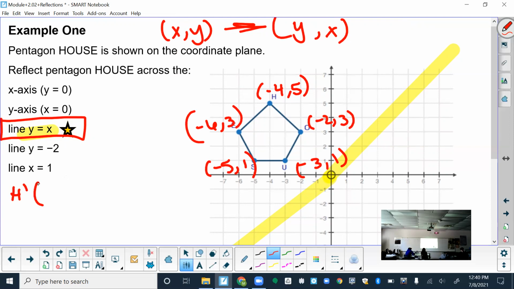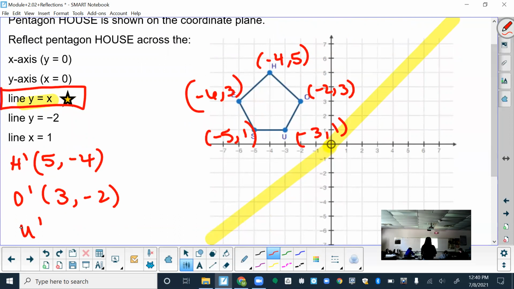All right, what's my H prime going to be? Thank you, Brianna. 5, negative 4. Someone else, what's my O prime going to be? 3, negative 2. Thank you.